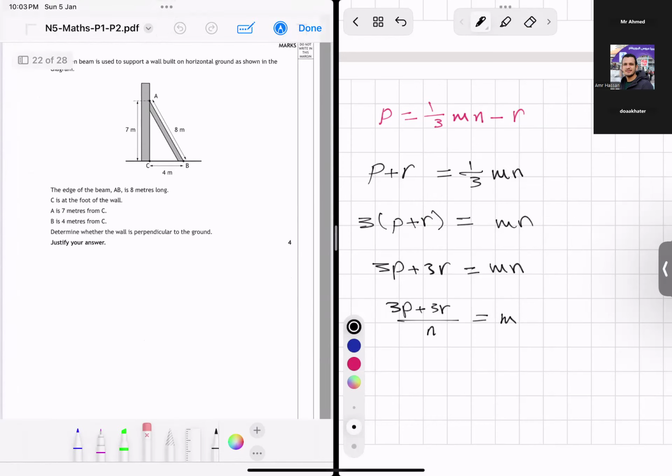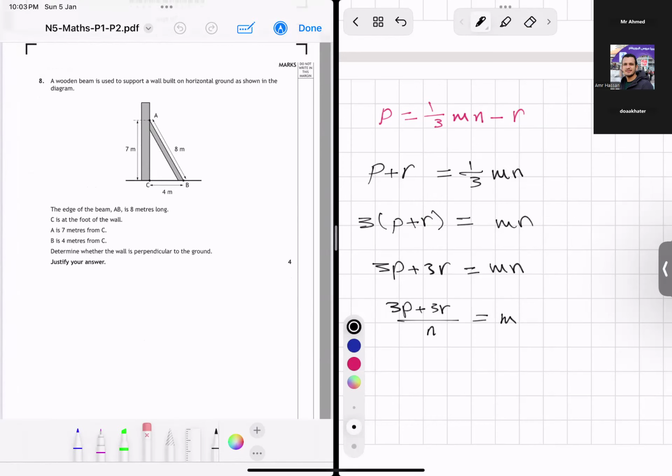Okay, let me go over this one. This one is kind of proving something. This one is called the Pythagorean theorem. So this one sounds like the converse.